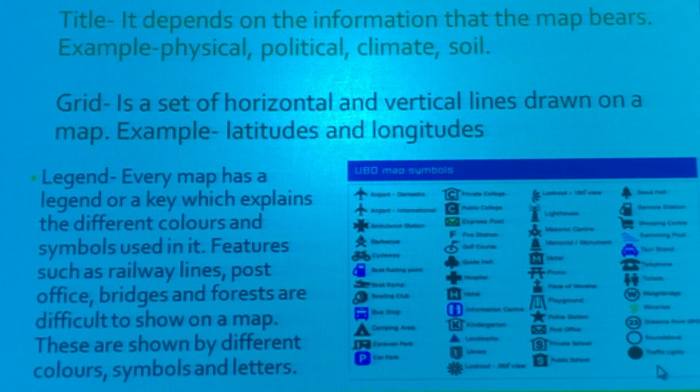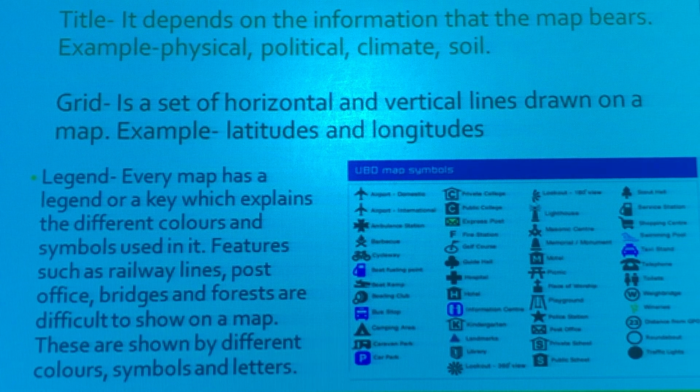Now title. The title of the map depends on the information that the map bears. For example, physical, political, climate or soil. For example, a map with the title World Physical shows the major physical features of the world.